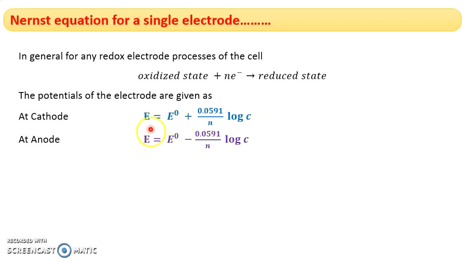We can also use E is equal to E naught minus 0.0591 by n log C, where C is the concentration. We use this second one for the anode, for calculation of the electrode potential of the anode. This is about the derivation of the Nernst equation for a single electrode.